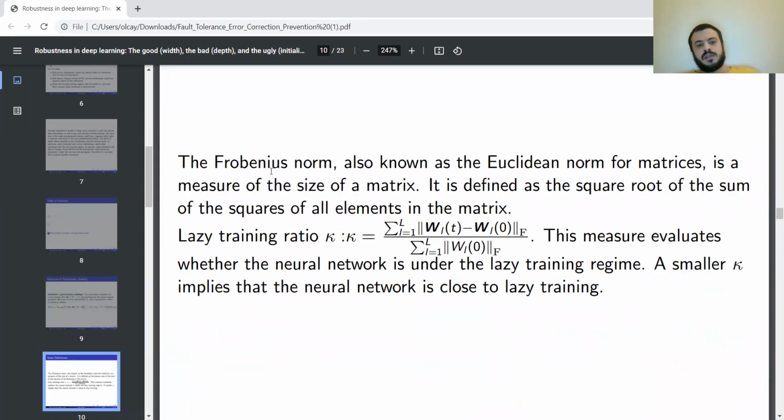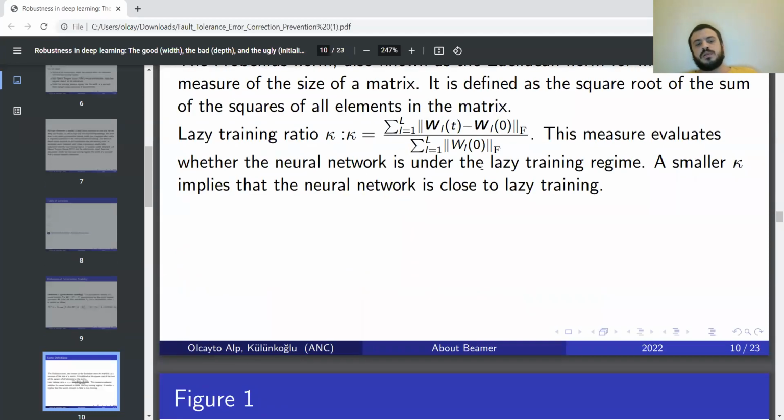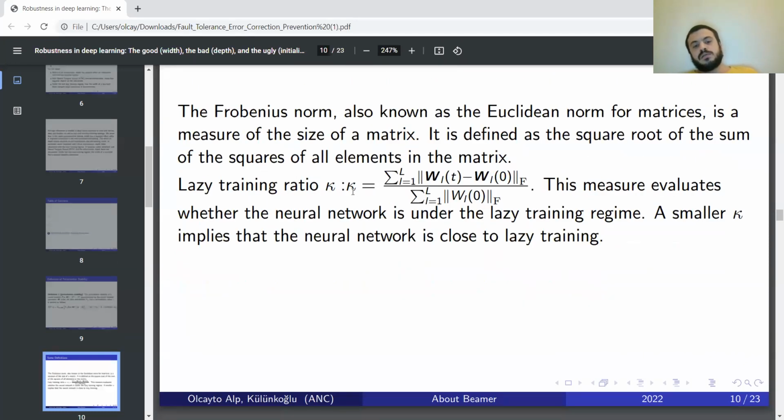Okay, so definitions. What is lazy training and what is the Frobenius norm used in the definition? The Frobenius norm is a measure of the size of a matrix, defined as the square root of the sum of the squares of all elements in the matrix. The lazy training ratio is denoted by kappa, and we have this definition here. As I understand it, for each layer, the weights at each time step are differenced from the initial weight values, and the Frobenius norms are added up over the layers.